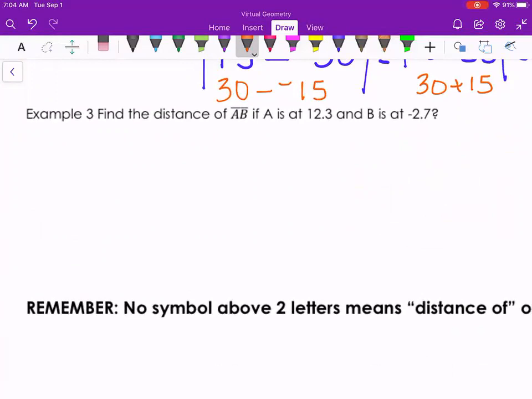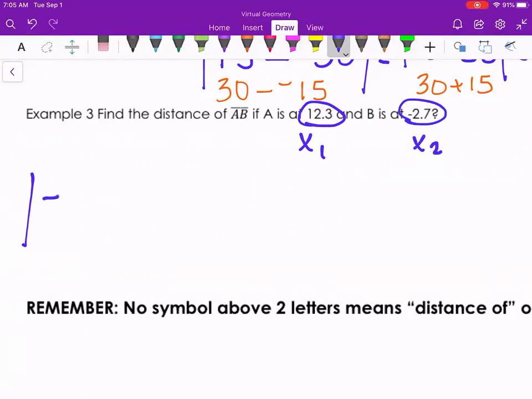This time we don't have a number line to count and we're dealing with decimals. So this is a really good candidate for your formula. I need the absolute value of x1. Let's say I let my first one be x1 and the second one be x2.